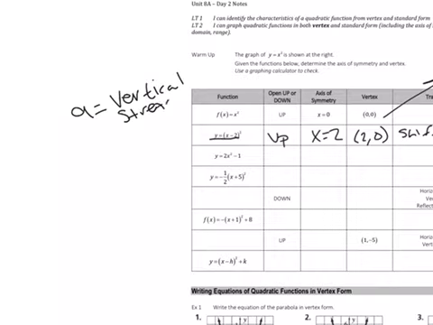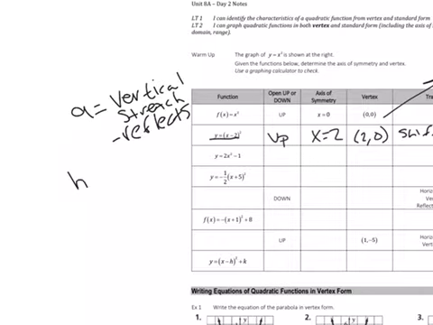It is also going to tell us if it reflects over the x-axis. Remember, if it does that, that means our a value is negative. Okay?